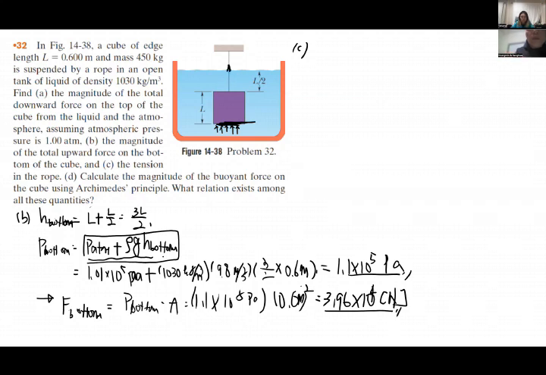And the gravitational force is downward, G. That is the tension Ft, and the force from the water upward on the bottom is F bottom, and the force from water on top of the cube is downward, that is F top.